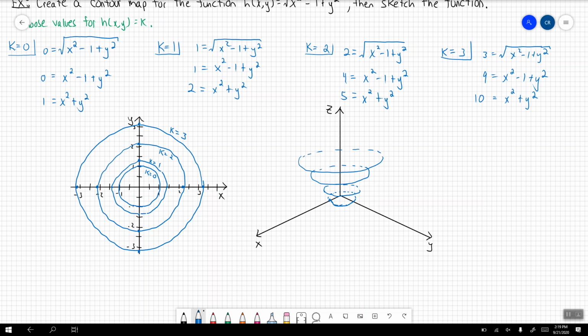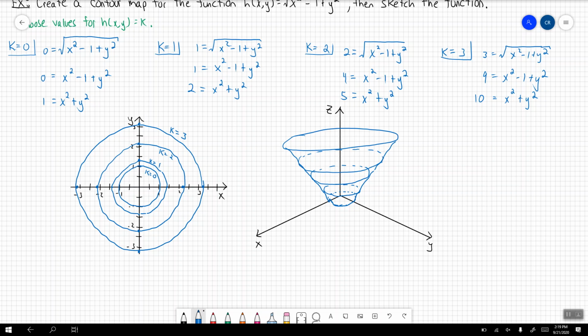So these are the level curves that we're looking at, but what is the surface? Well, that surface kind of looks like this funnel that we have here. And so there's our surface.